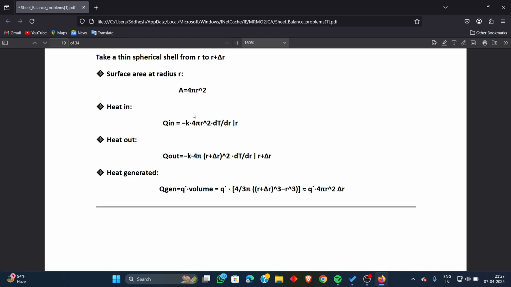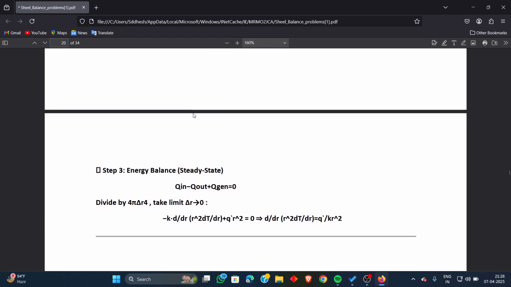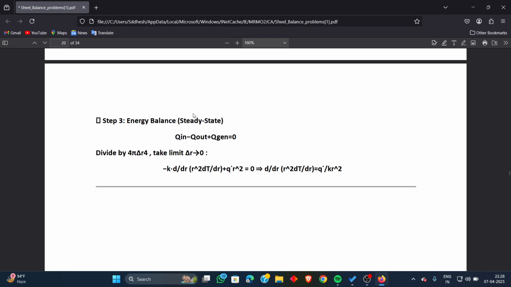Heat generated, that is Q generation, q dot into volume, is equal to q dot into 4 pi by 3 into (R plus delta R) cube minus R cube, which corresponds to q dot into 4 pi R square delta R. Step 3, energy balance steady state, that is Q in minus Q out plus Q generation is equal to 0.